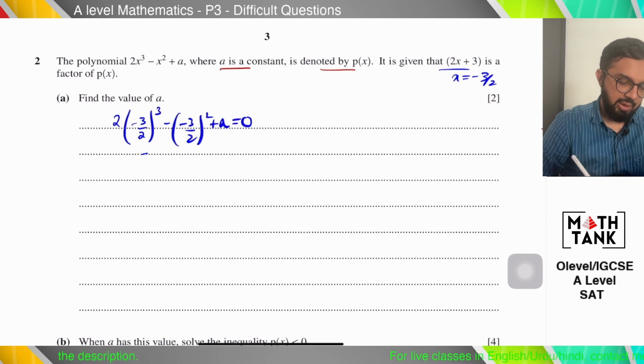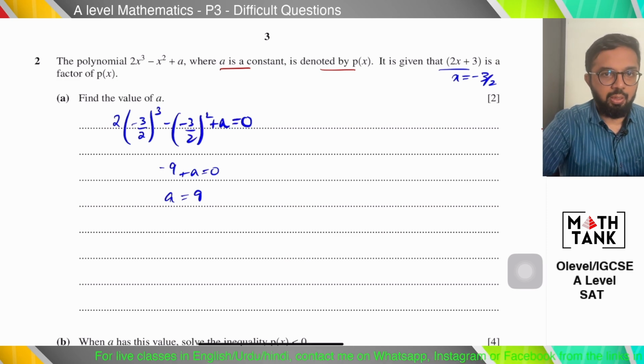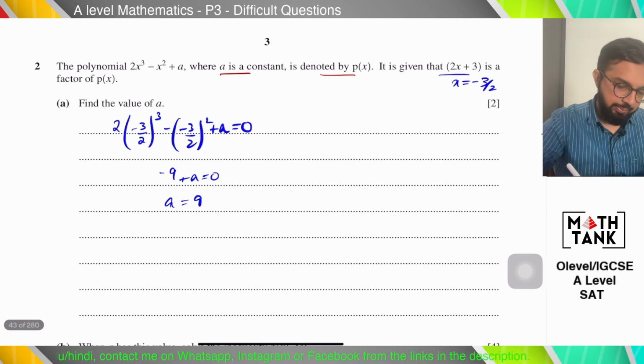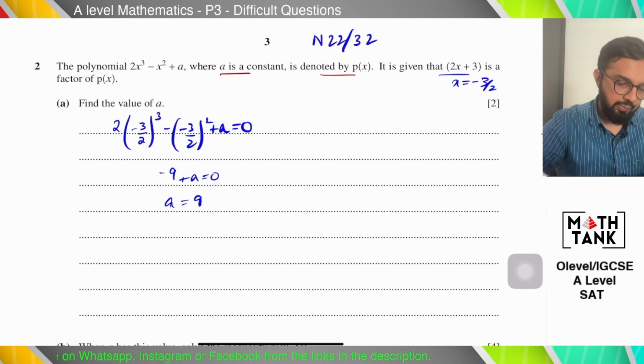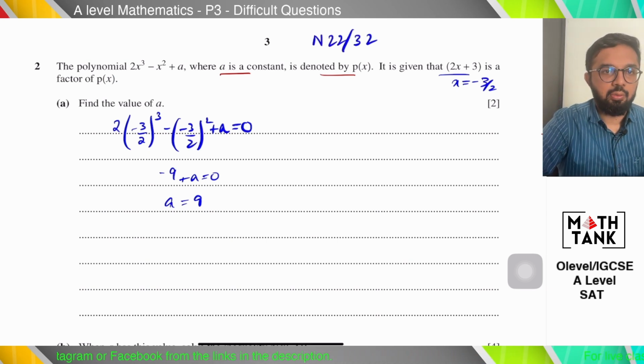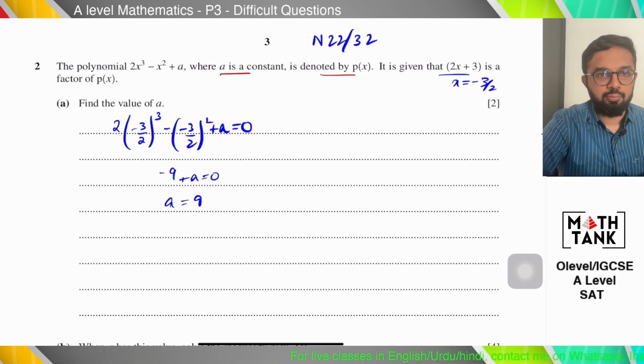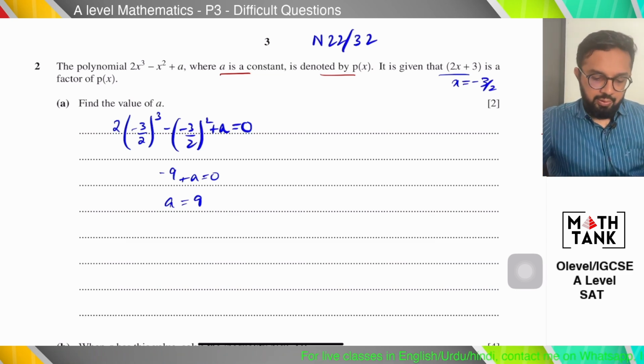Okay, so that's giving me minus 9 plus a equals to 0, a equals to 9. Okay, let's just quickly open up the marking schemes to know what this is. November 2232. Okay, this is the correct answer.